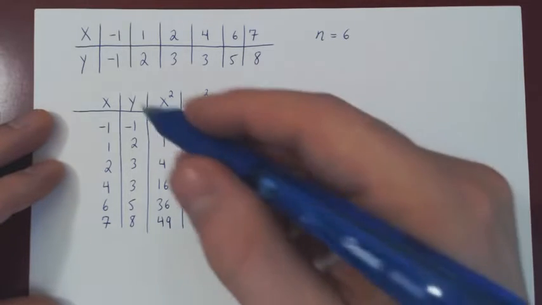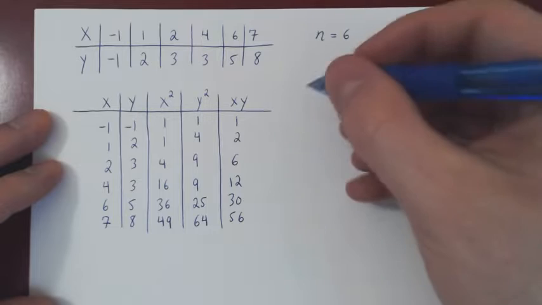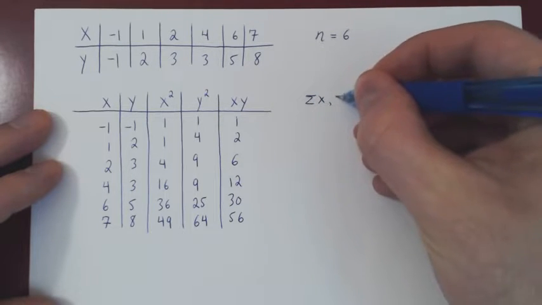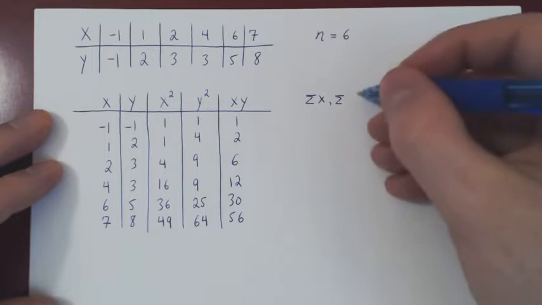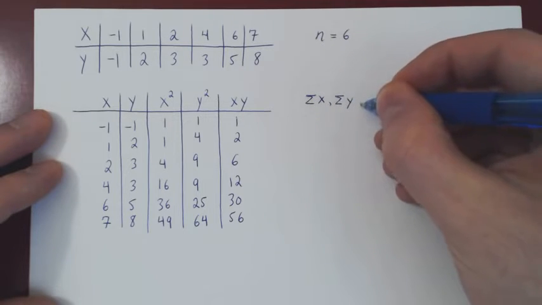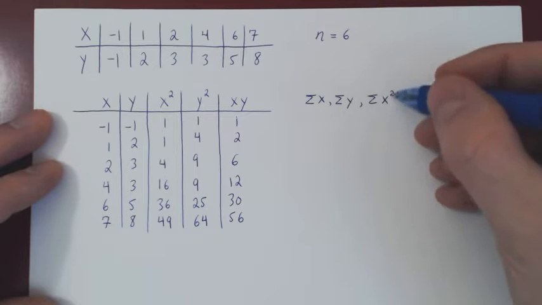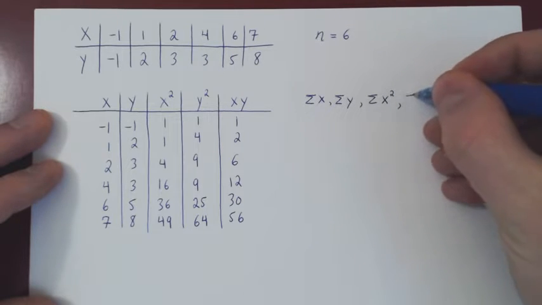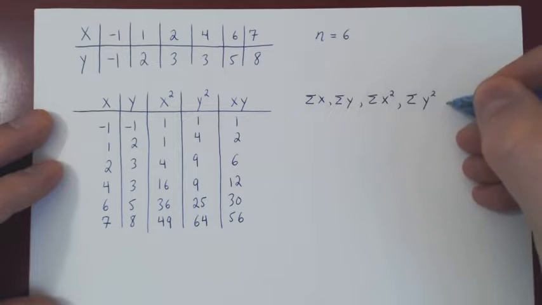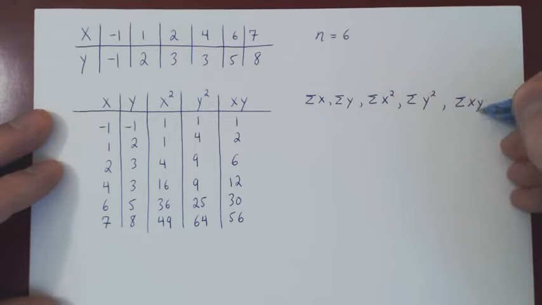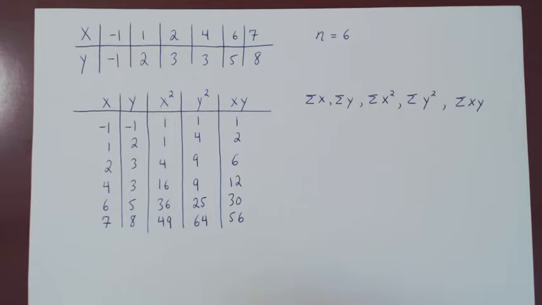And now we need the total of these columns. So all we need are the summation of the x terms, so adding up all of the x values, the summation of the y's, adding up all the y's, the summation of the x's squared, adding up all of the x's squared, the summation of the y squared, adding up all the y squared, and of course the summation of the cross terms, the x times y's terms.